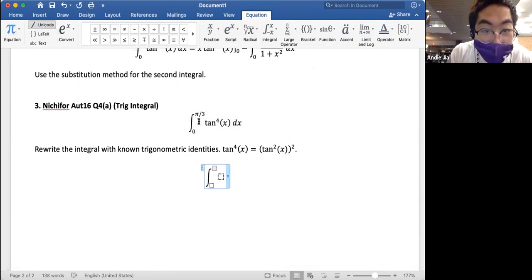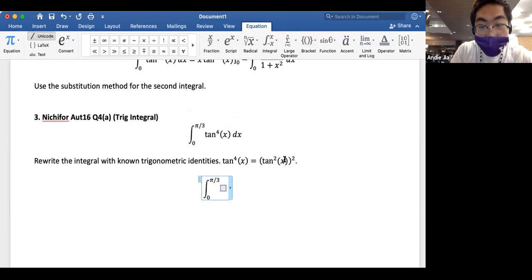So tangent squared is secant squared minus 1.